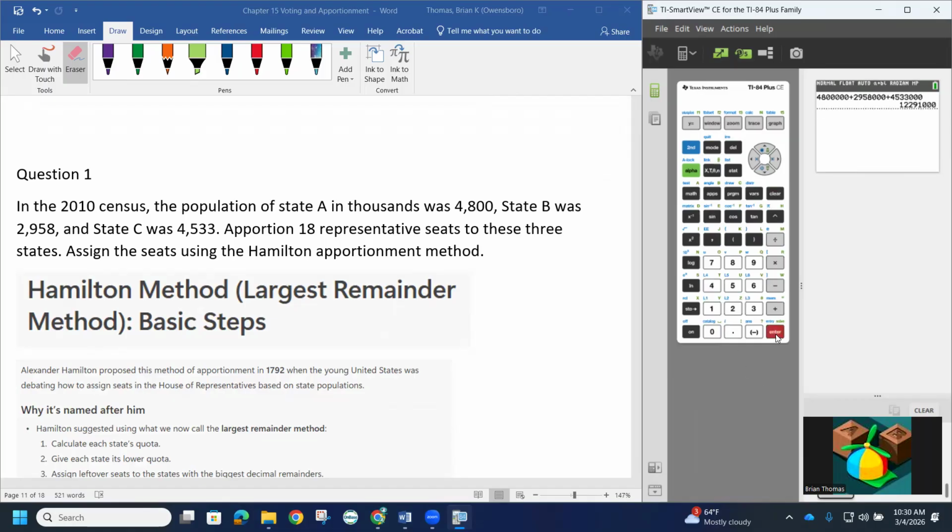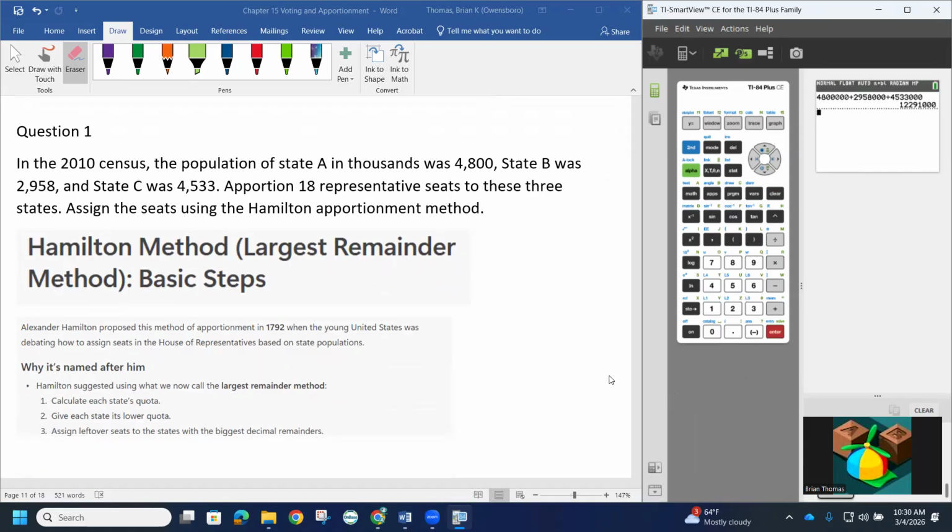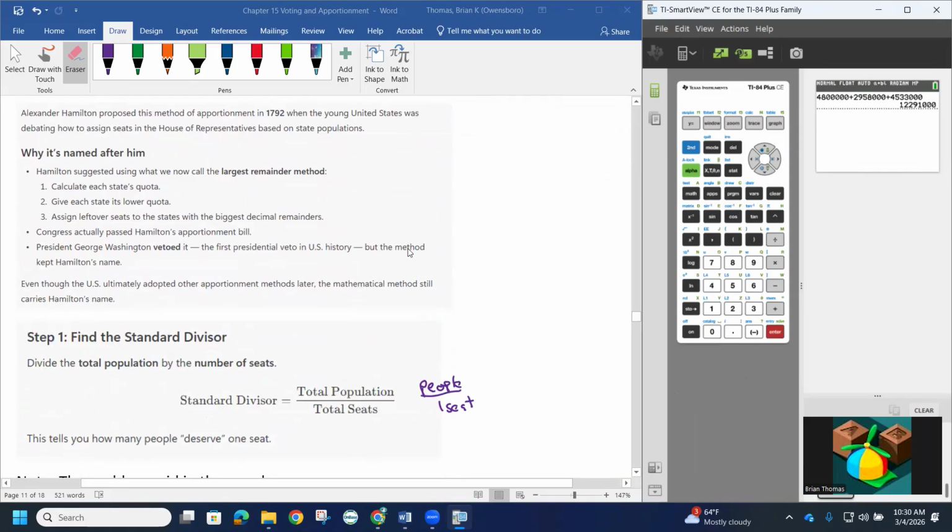So the total population at this point is 12,291,000.